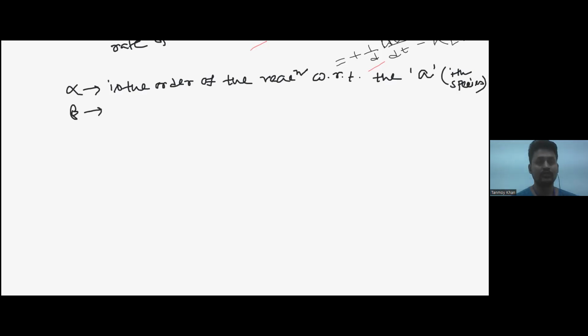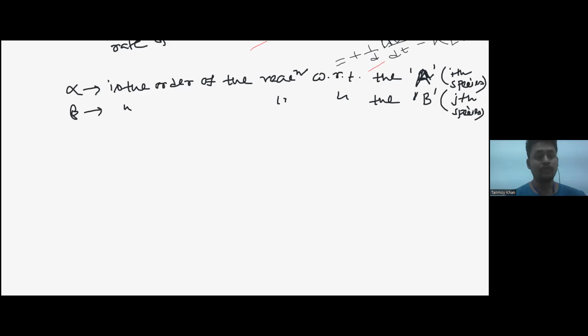Beta is the order of the reaction with respect to the different species, the Z species. Right. So these are alpha and beta.